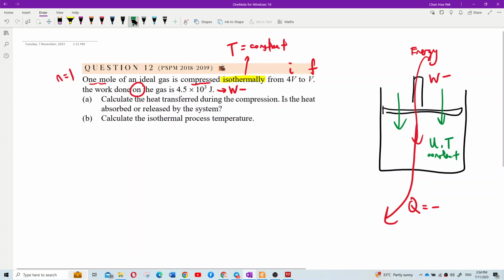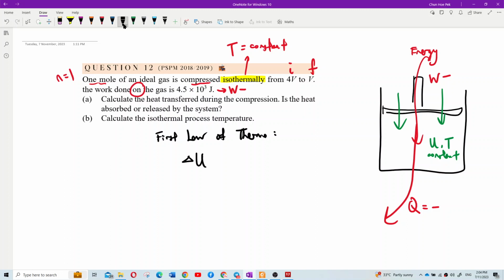What's the formula again? First law of thermodynamics: delta U equals Q minus W. Isothermal process, temperature constant.